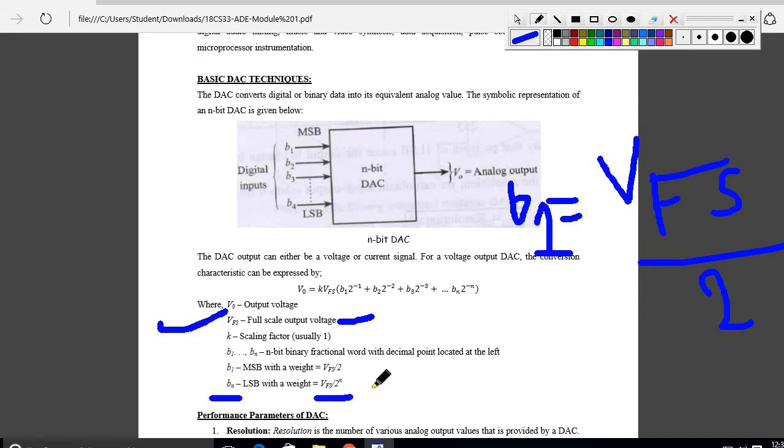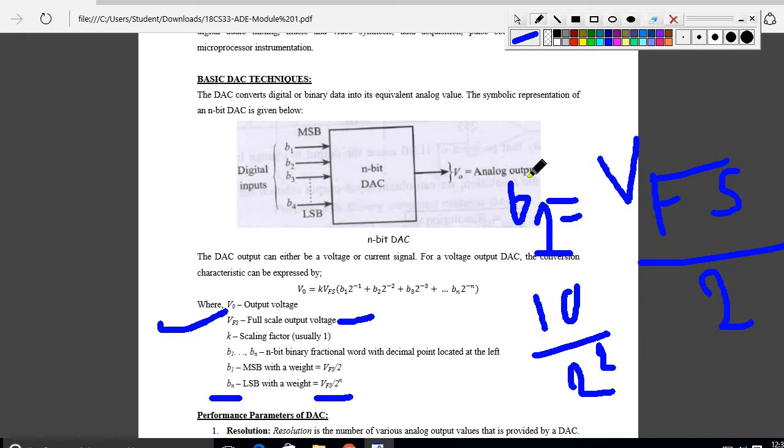VFS is mentioned in the question. For example, if it is 10 volts and I am considering the second bit, it is 10 divided by 2 power 2, which is 4, so 10 by 4. This is how we have to find it. We'll see it in the coming problems.